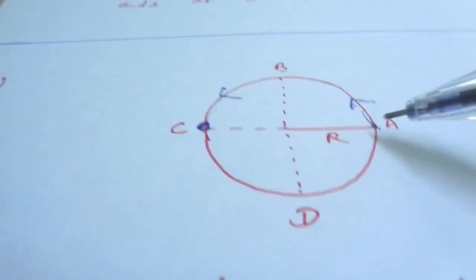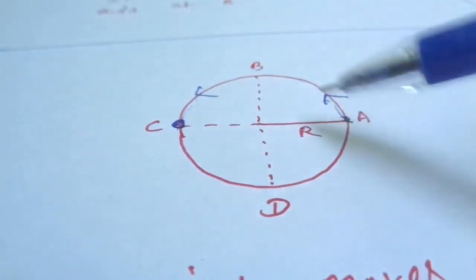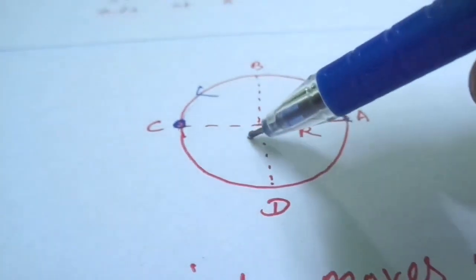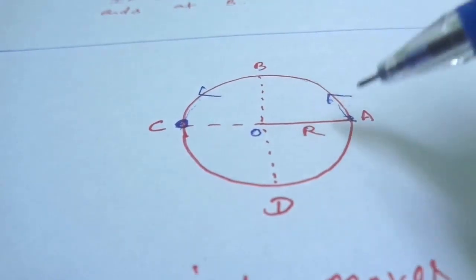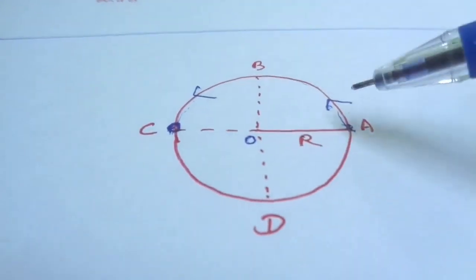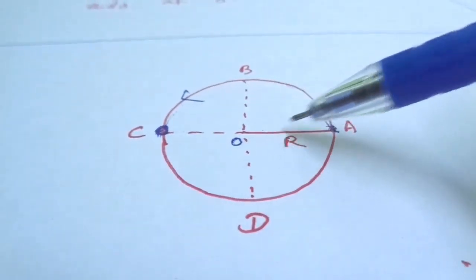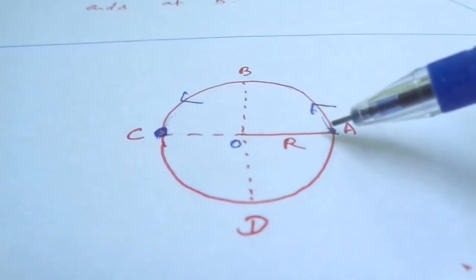Then you find the displacement. Here this is the starting point, this is the ending point. Maybe this is the center, let us consider O. The distance between starting point and end point is called displacement. Here the displacement is AOB, isn't it? This particular length is called displacement.